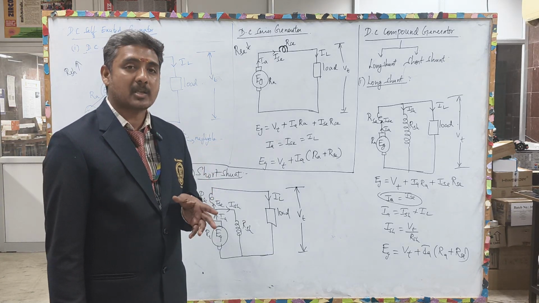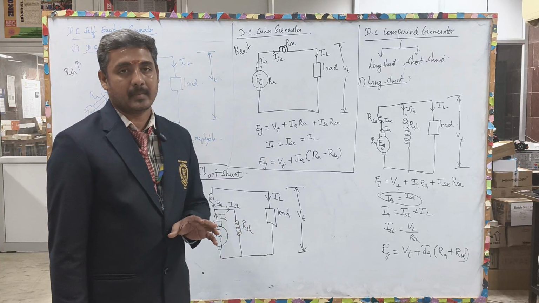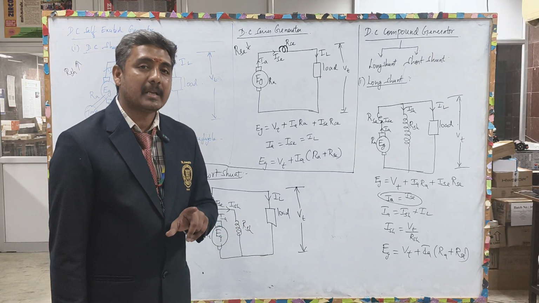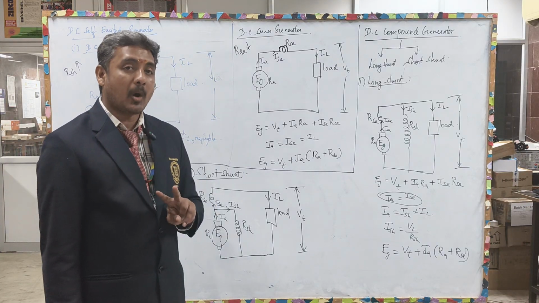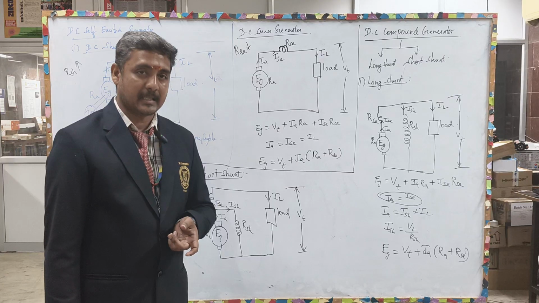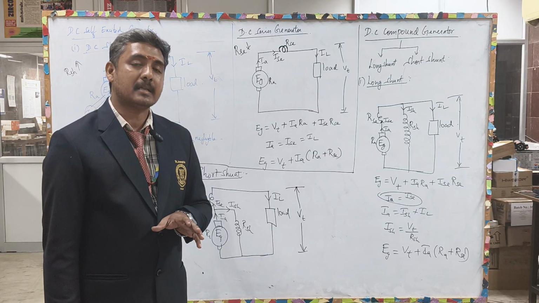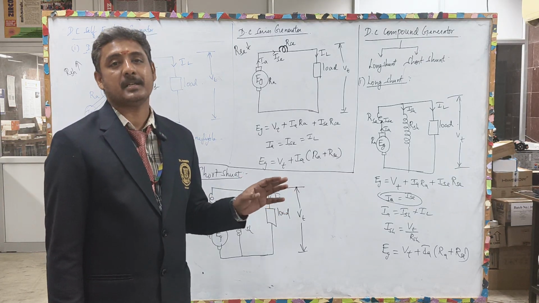If both the fluxes aid each other, then it is called a cumulative compounded generator. If both the fluxes oppose each other, then it is called the differential DC compound generator.